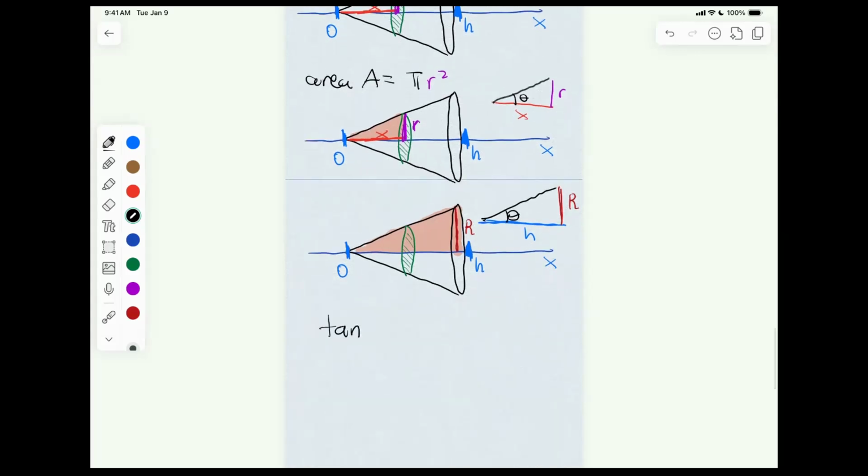So what is tangent? In general, the tangent is the opposite side divided by the adjacent side. So in the first triangle, that's r divided by x.